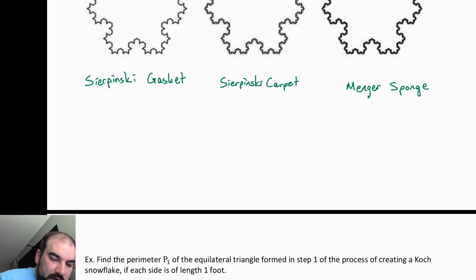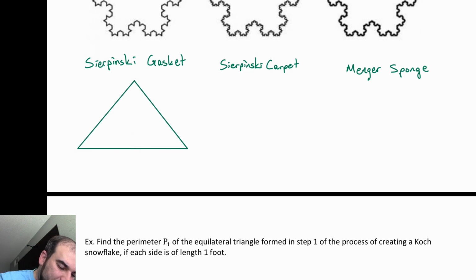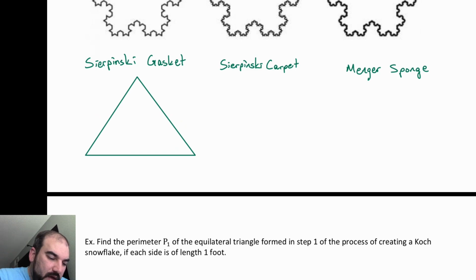Okay, I'll talk about how these are oriented. The Sierpinski gasket is essentially formulated by starting with an equilateral triangle, and then removing equilateral triangles from this triangle.